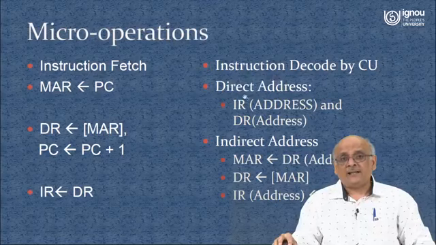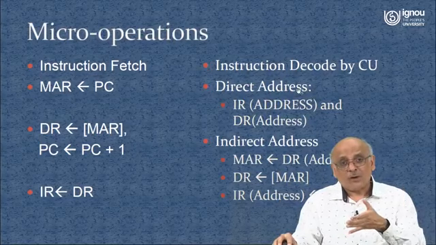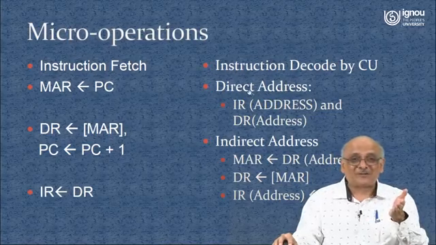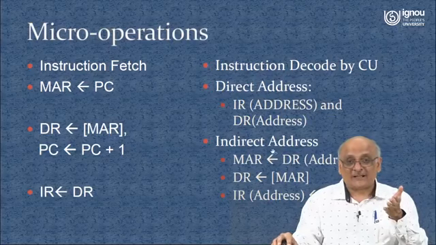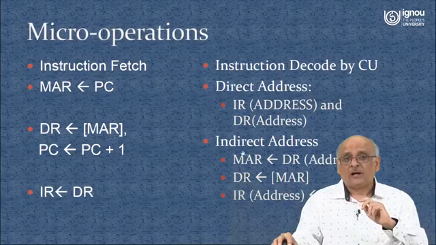All right. Then the next thing which needs to be done is the operand. When you have decoded, you have also decoded the addressing mode. So the addressing mode tells us whether it is a direct address. It can be immediate also, but that has been ignored in this particular case. So we are referring to only two addressing modes, direct or indirect.